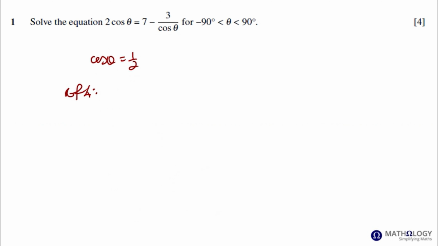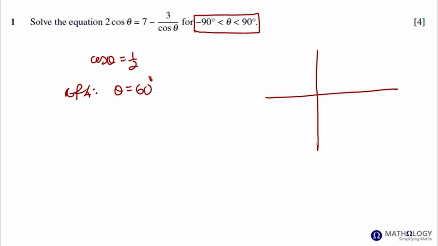The reference angle is 60 degrees. Our domain is theta between minus 90 and 90. So we're in the first quadrant and the fourth quadrant. The first quadrant is the positive acute angle, and the fourth quadrant is the negative acute angle.